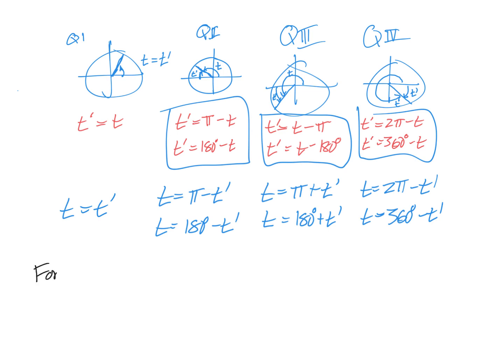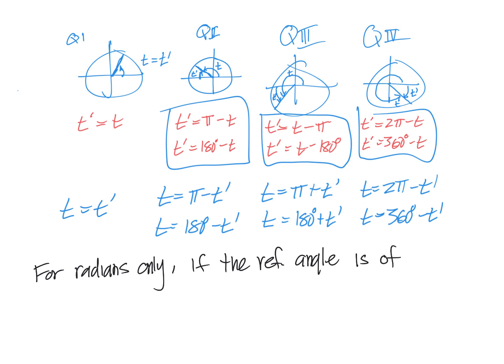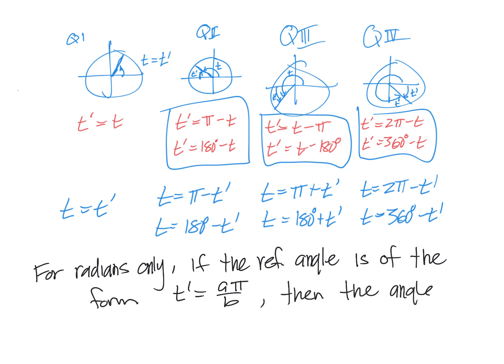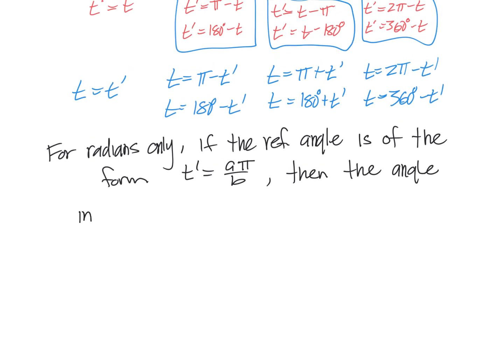Now, for radians only, if the reference angle, again in radians, is of the form t prime is a times pi over b, then the angle in standard position, t, can be given as the following.